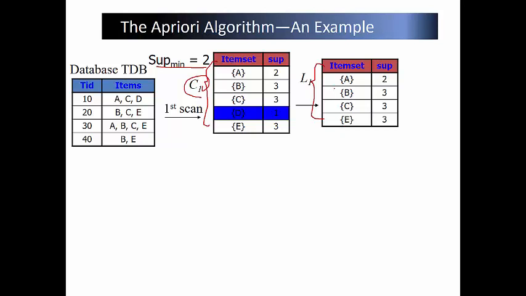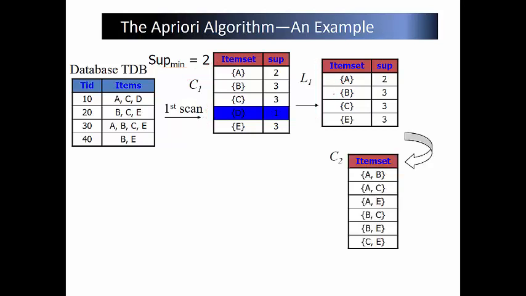Next step is that we need to join pairwise. That is called association. So we have A, B, C, E. All possible combinations: AB, AC, AE, BC, BE, and CE.